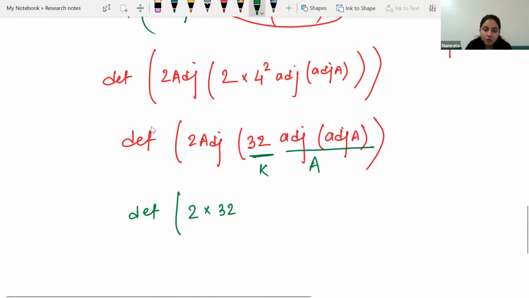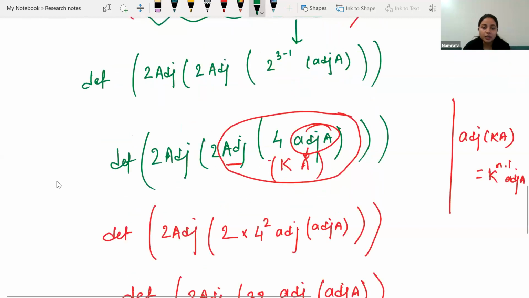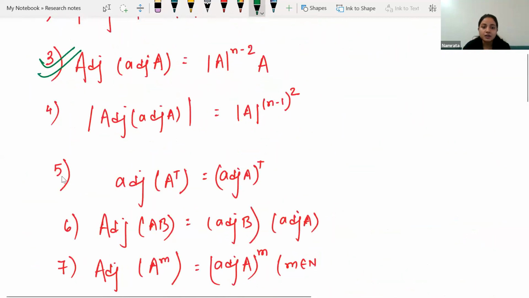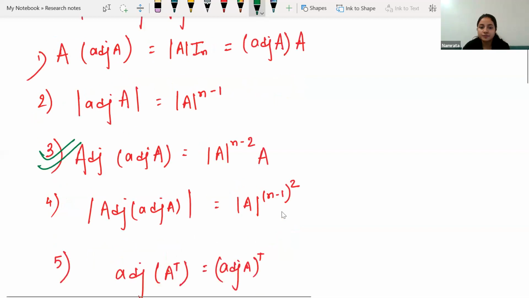Here we are having adjoint of adjoint A. Here we will be using determinant of A to the power n minus 2. N minus 2 means 3 minus 2, that is 1, times A. So what is our A? See here, adjoint of adjoint A is equal to this.